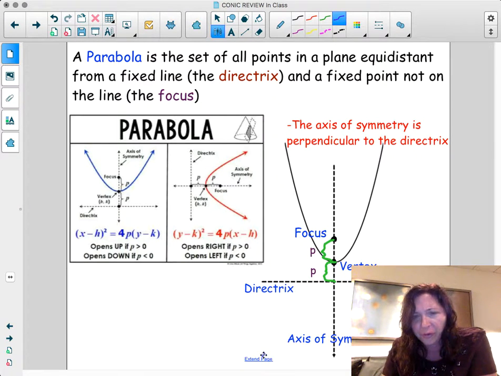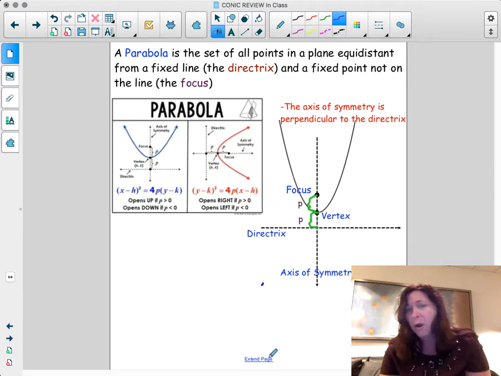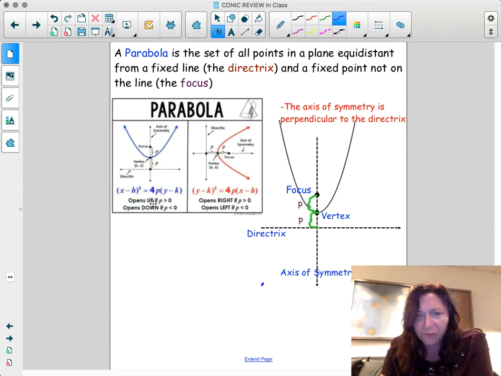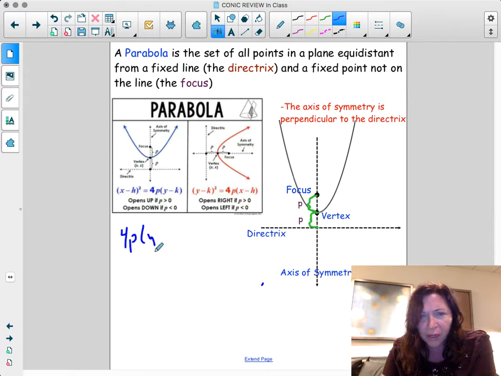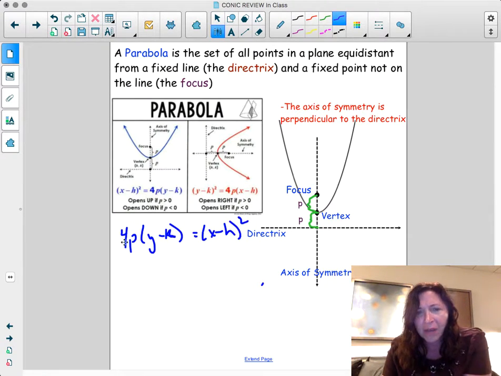Some attributes of a parabola: you've got 4p times the quantity y minus k equals x minus h quantity squared. A lot of people will write the equation just like this.